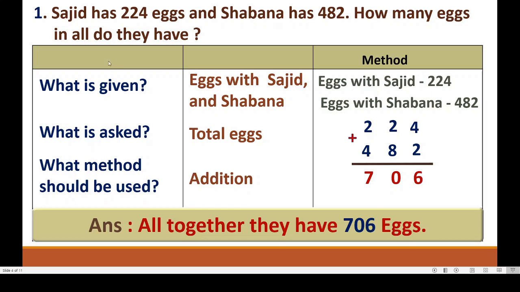Both together means Sajid and Shabana. Yes, dear students, if you go like this in method wise or in steps, you will get all the marks, and it is very easy to understand. Okay? We will move to next sum.